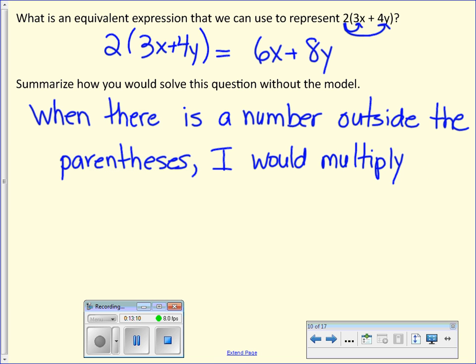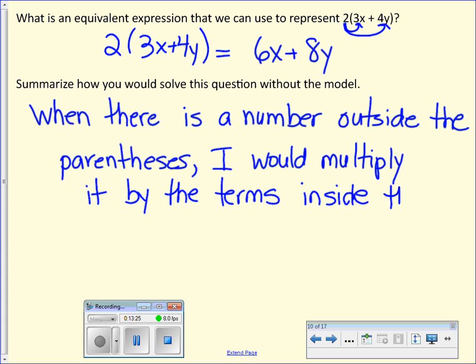So when there is a number outside the parentheses, I would multiply it by the terms inside the parentheses. Say the terms on the inside.